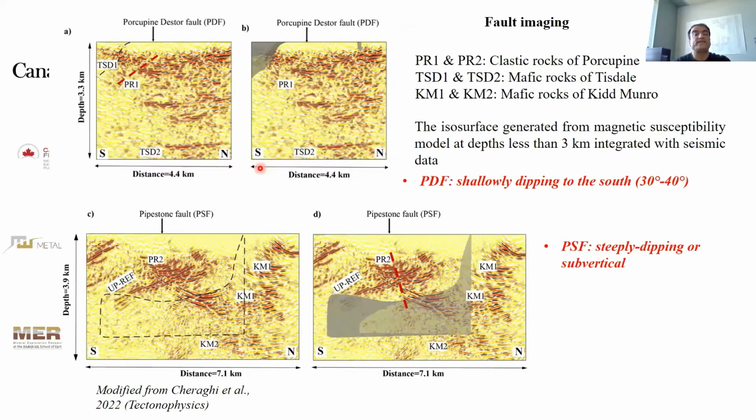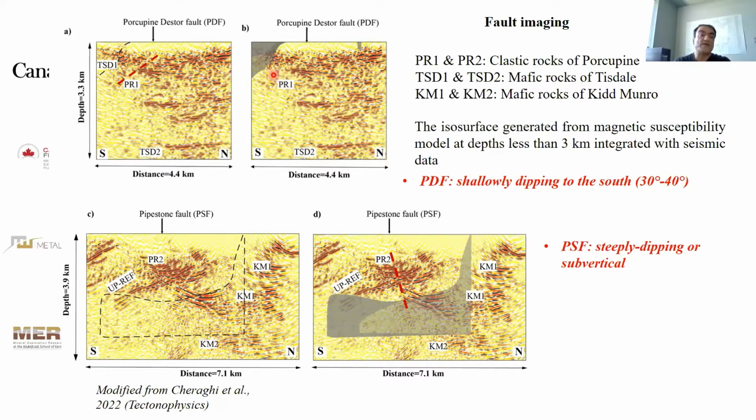Those dashed areas I mentioned in the previous slide, around the Porcupine Destor Fault and Pipestone Fault, are integrated here with the MAG data. This gray part is the isosurface from the mafic area, so the isosurface only shows the area dominated by mafic rocks.